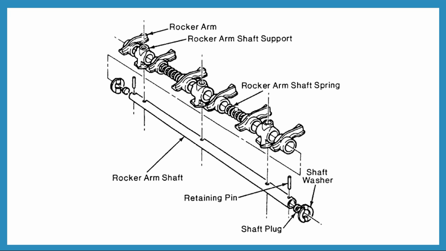And this one is the rocker arm shaft spring. When you compile these things into a single unit, it is known as the rocker assembly.